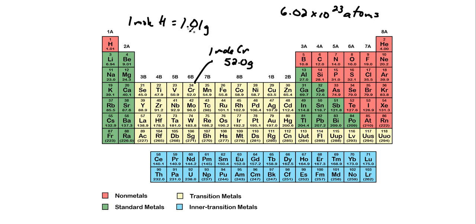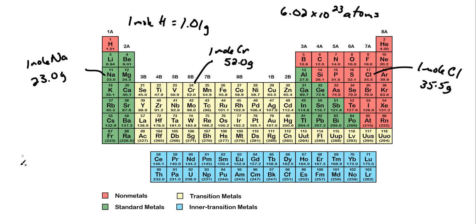So let's take a simple one. Let's take sodium. 1 mole of sodium is 23.0 grams. And let's take chlorine. 1 mole of chlorine is 35.5 grams. Now we know if we make sodium chloride, NaCl, we take 1 Na, 1 Cl.